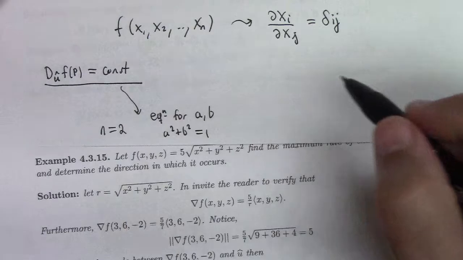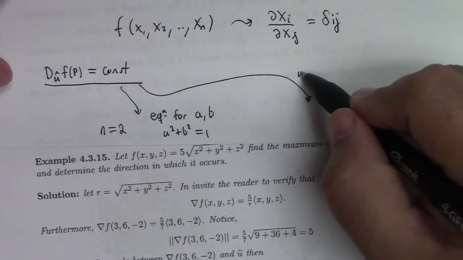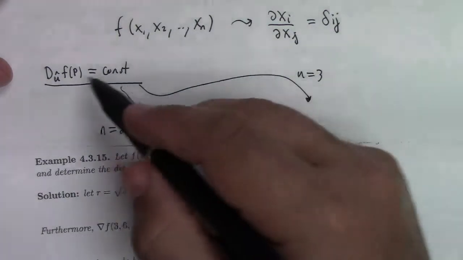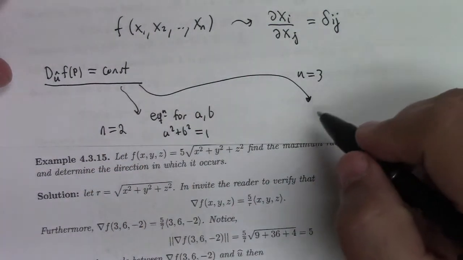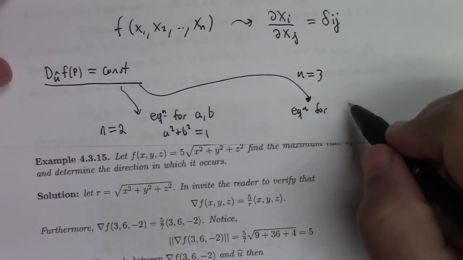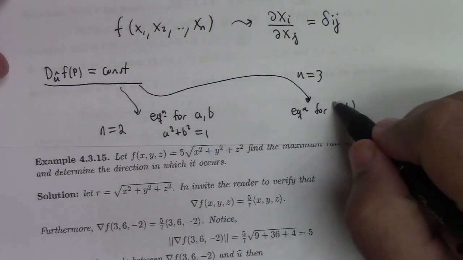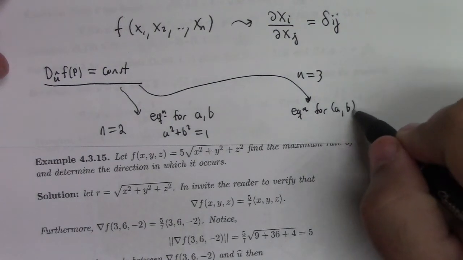We have to solve those simultaneously. But for n equals 3, the directional derivative is going to give us some sort of equation for a, b, c, and I think that equation has to be linear.